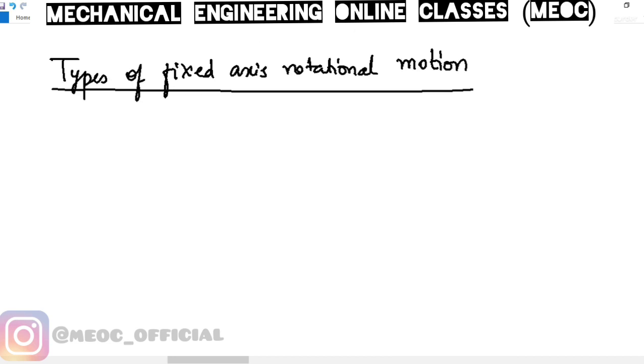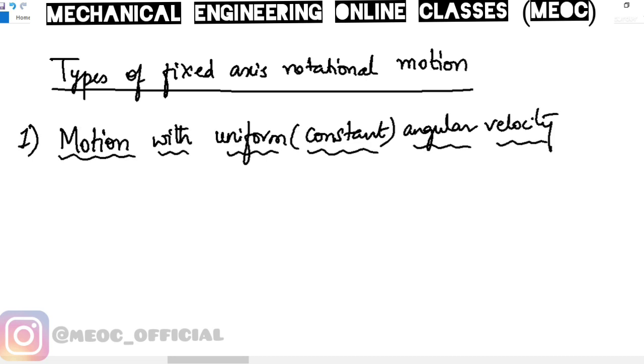Now let us see the different types of fixed axis rotational motion. Different types means based on how the geometry of motion can change, like motion with uniform or constant angular velocity, motion with uniform angular acceleration, and motion with variable angular acceleration. The first one is motion with uniform or constant angular velocity.